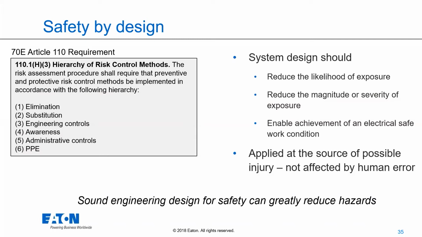And last is PPE. Always emphasize that last is PPE. You want to get that risk as low as you can, and then once it's as low as it can get, then you can rely on PPE. But you really don't want PPE to be number one on this list. You want to try to reduce the risk as much as you can.